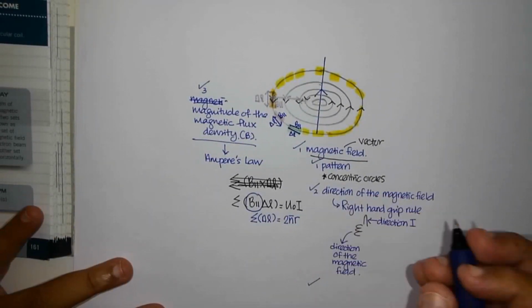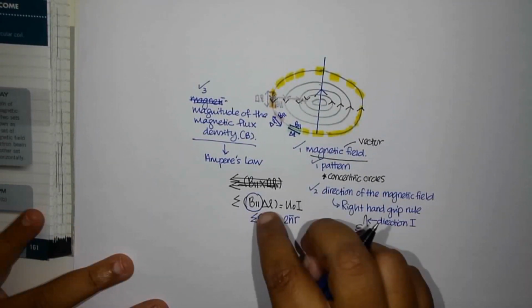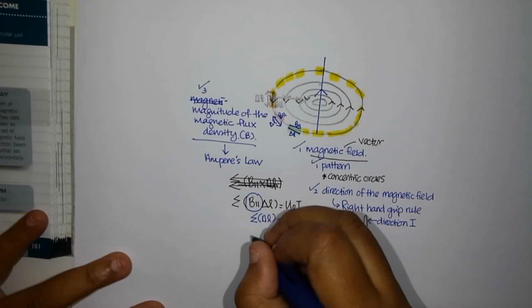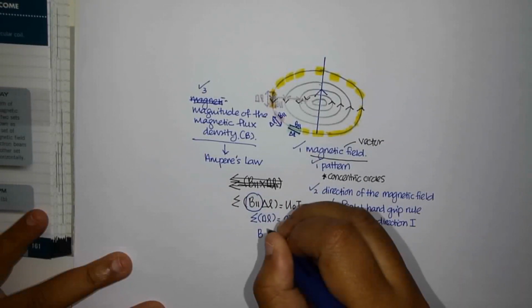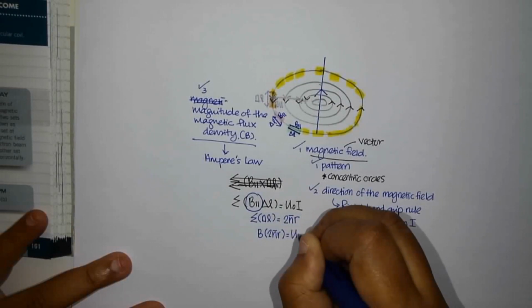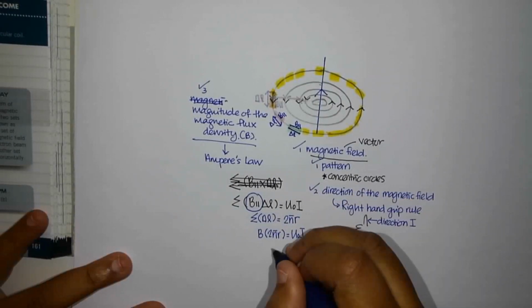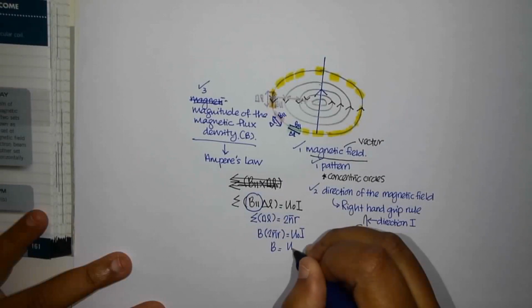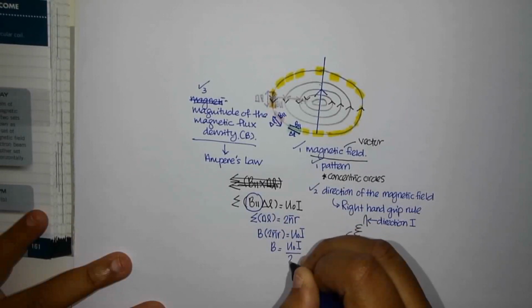So therefore your B parallel times delta L will equal B times 2 pi r, equals mu naught I. So B is equal to mu naught I over 2 pi r.